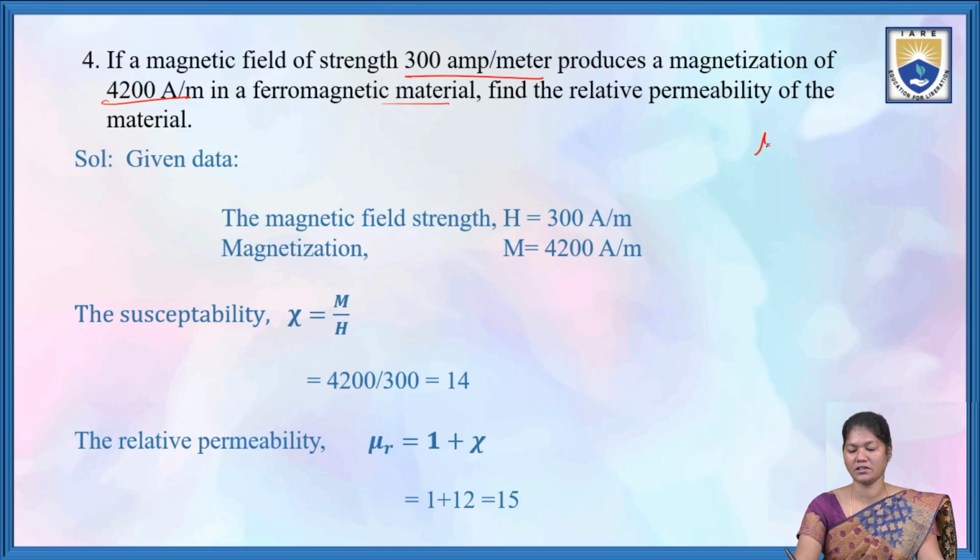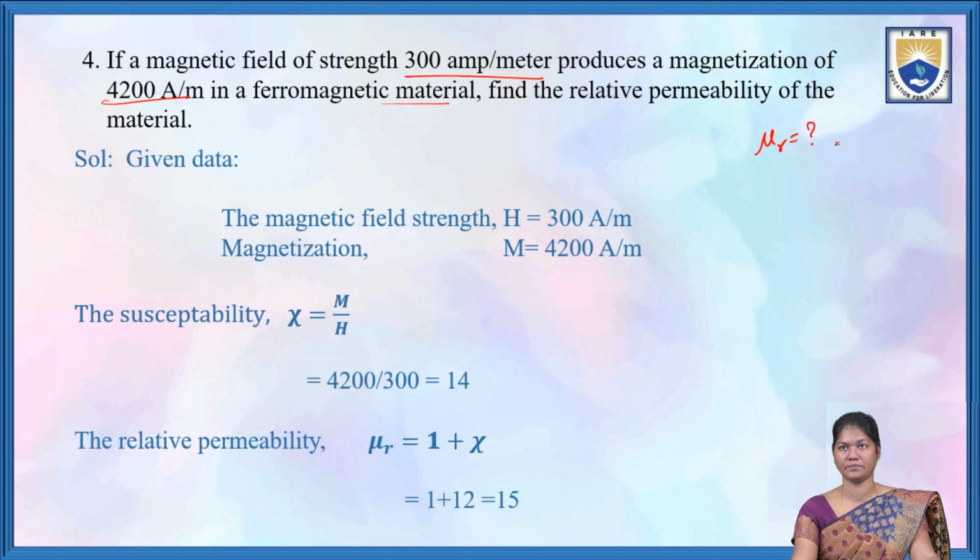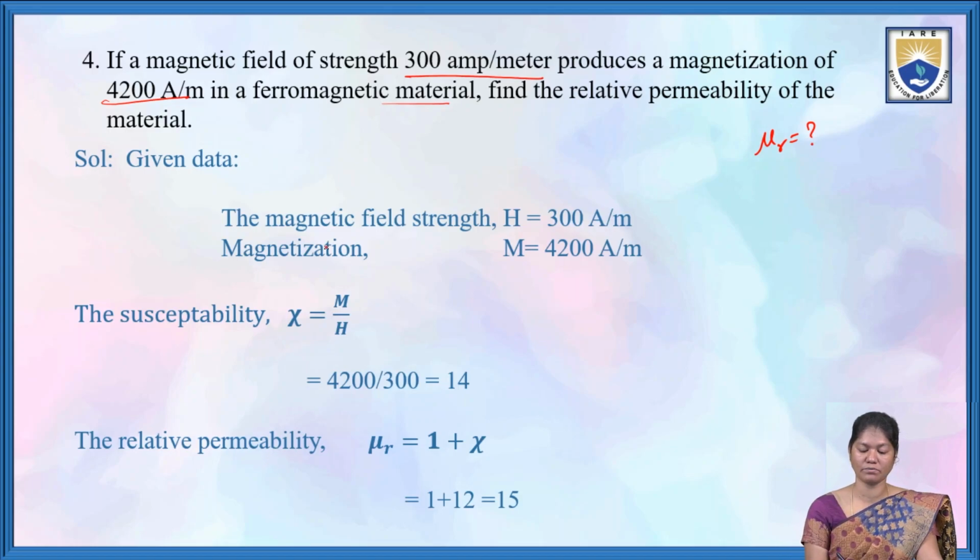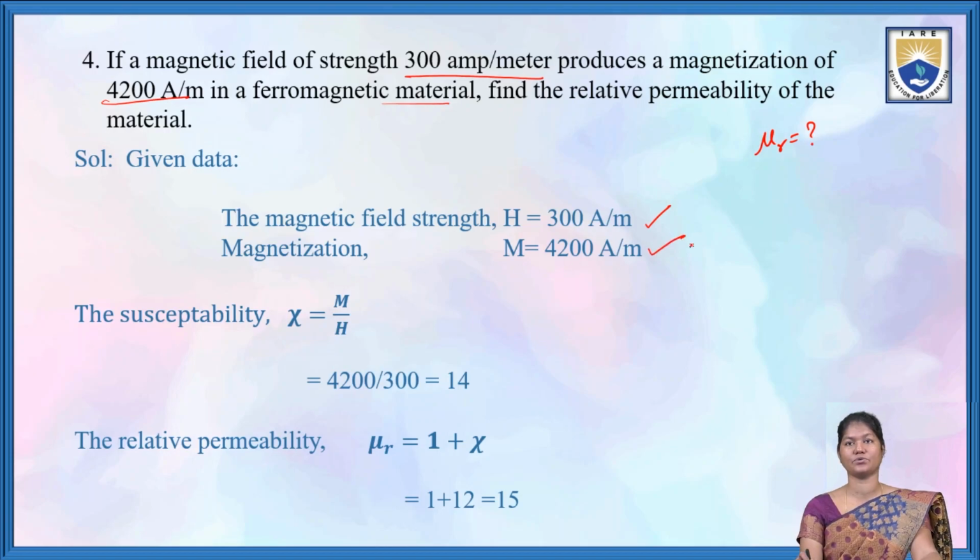So we need to find here relative permeability mu r. So let's write the given data. Magnetic field strength H is equal to 300 ampere per meter. Then magnetization M is equal to 4200 ampere per meter.